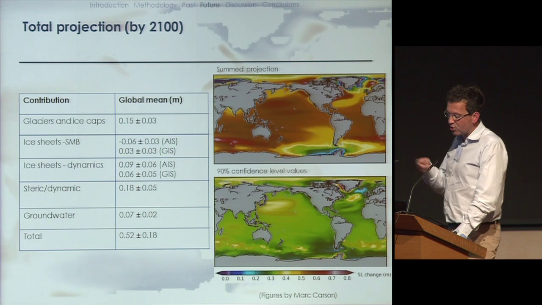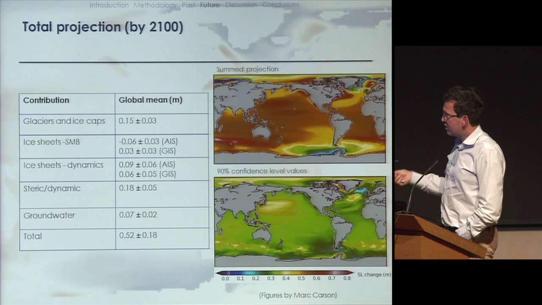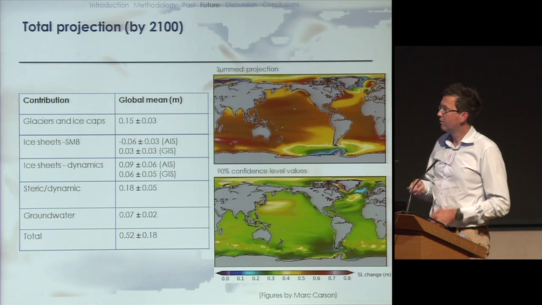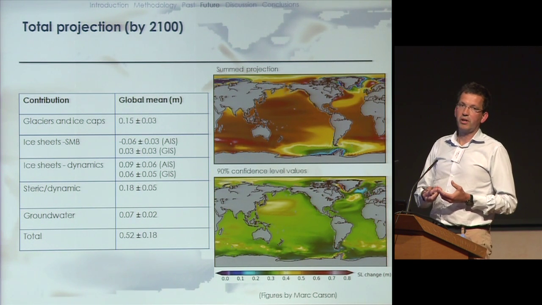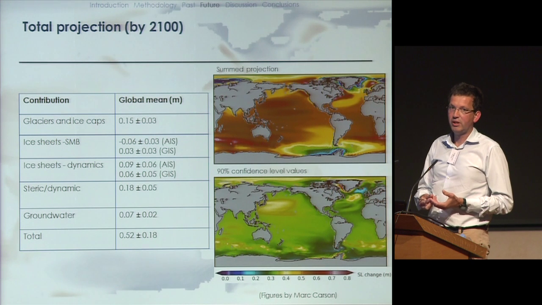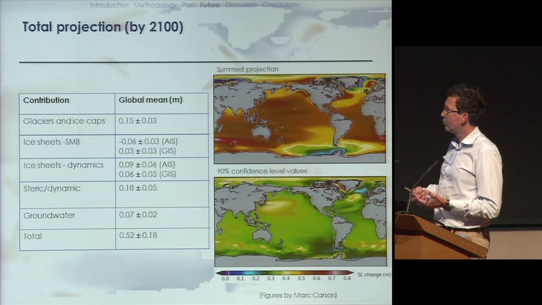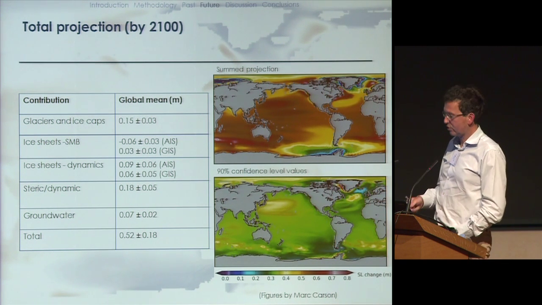On the other hand, it's also true to say that all the different effects, even the GIA, may dominate the local value for the projection. So you really have to take them all into account, and there's not a simple way to reduce the uncertainty in regional sea level. You really have to work on all the different components.